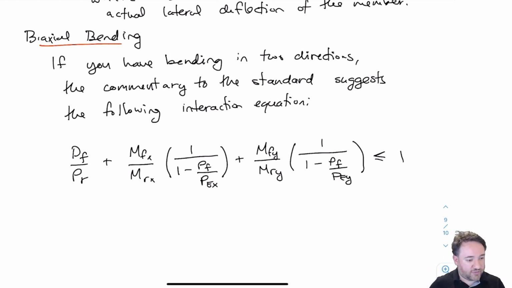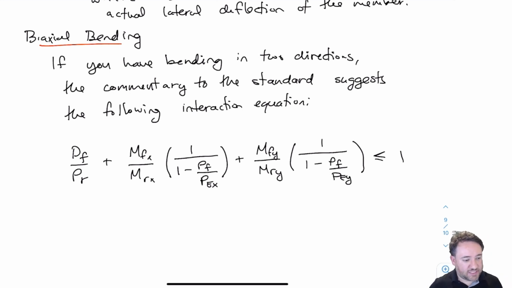So if I use up, let's say, 10% of my axial compression strength and 40% of my X direction moment, then I would only have 50% of my Y direction moment that I could use up, effectively. Of course, I have these amplification terms as well, but that's kind of the idea.